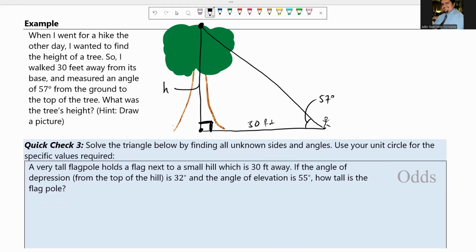So I have an angle. I'm looking for its opposite. I have the adjacent. That's a tangent. You guys see that? So I want to do tangent of 57 degrees is equal to my opposite, h, over 30. Okay?